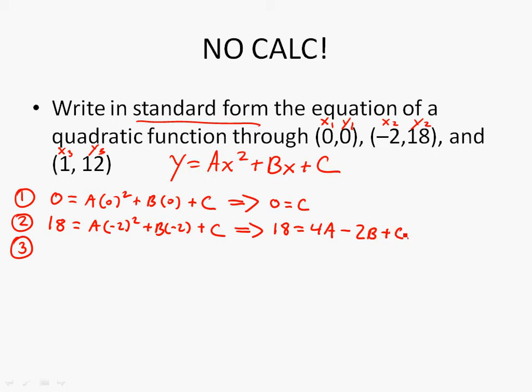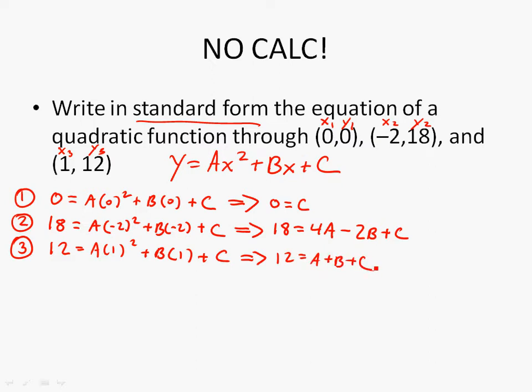And then likewise with the third point, substitute 1 for x and substitute 12 for y in the third equation. So I have 12 equals a plus b plus c.